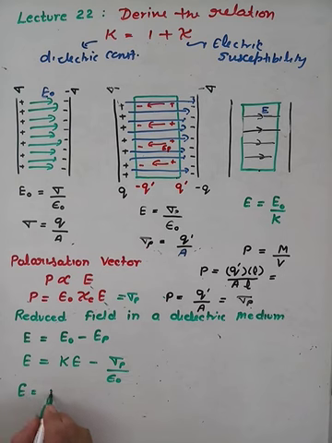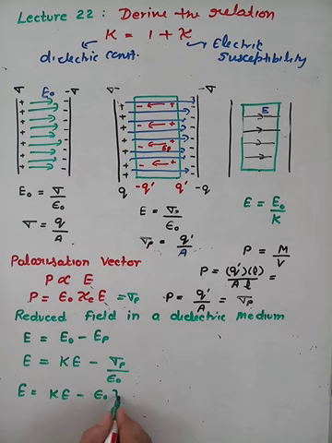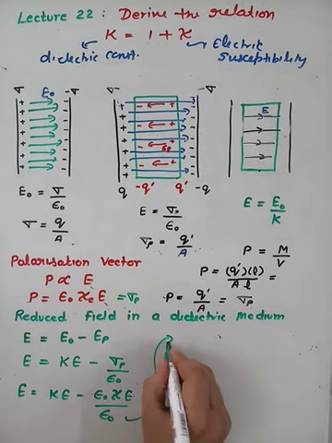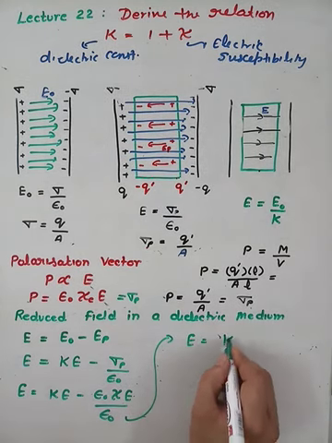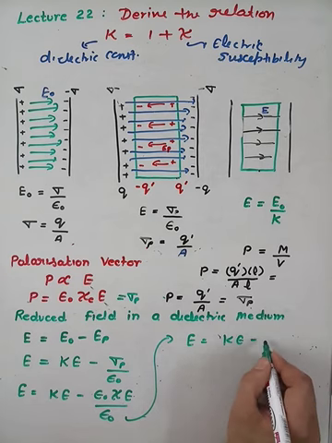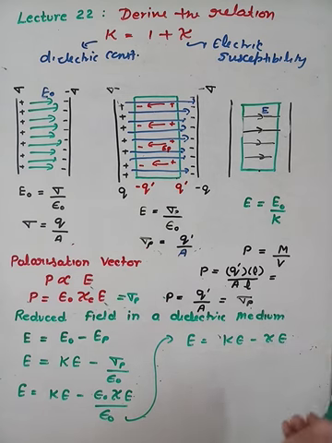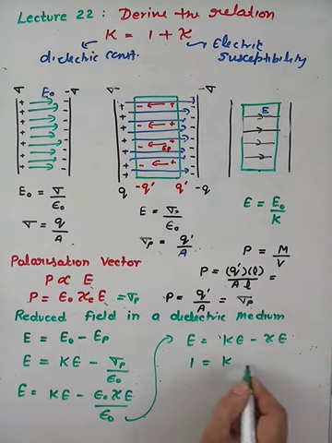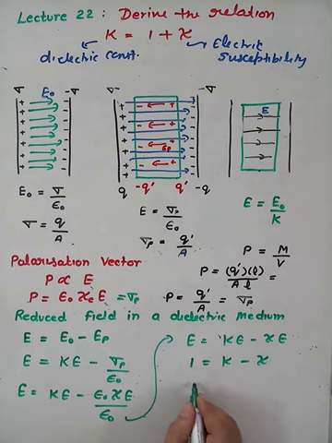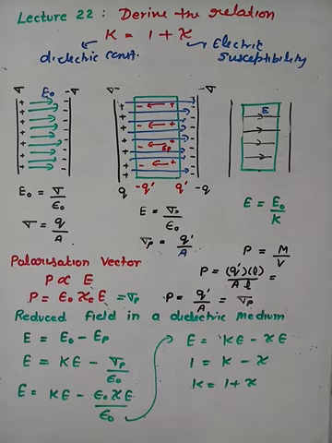So E equals K times E minus epsilon naught susceptibility into E upon epsilon naught. Epsilon naught cancels out, and we get E equals K times E minus susceptibility into E. This E cancels out, and we get 1 is equal to K minus susceptibility, or K is equal to 1 plus susceptibility. This is one of the important formulas.